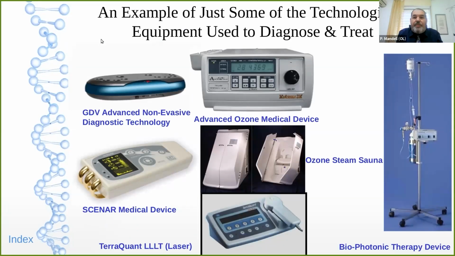We want to use some examples of technologies that are used in advanced integrated medicine. Basically, we're using electromagnetic frequencies, which includes light, oxygen as ozone, and water. But we're not just talking about regular water.